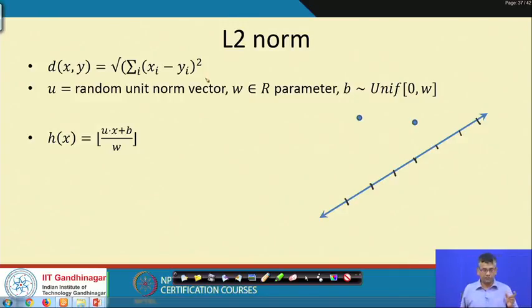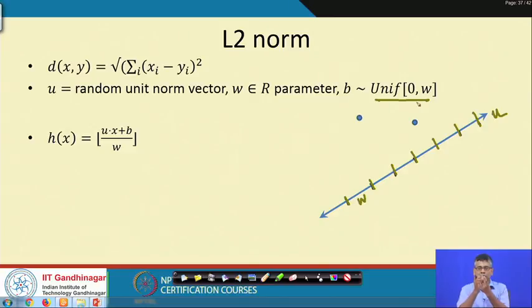So, we have 3 components. First, we take a unit vector u. Then we choose a w, and we build chunks on these intervals in the unit vector of size w. We also have a b that is chosen uniformly between 0 and w. Think of this as a jitter that decides where the 0 of each chunk is.